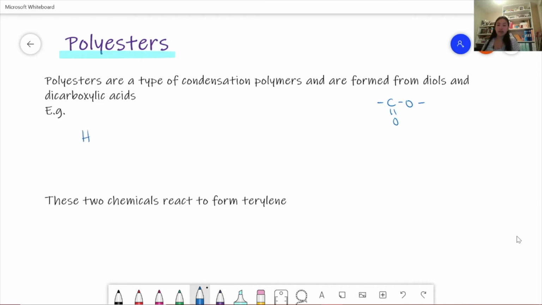So we have OH and then CH2CH2OH. So we have an alcohol group on either end. So we call this ethane 1,2-diol. And we have benzene 1,4-dicarboxylic acid, which looks like this.